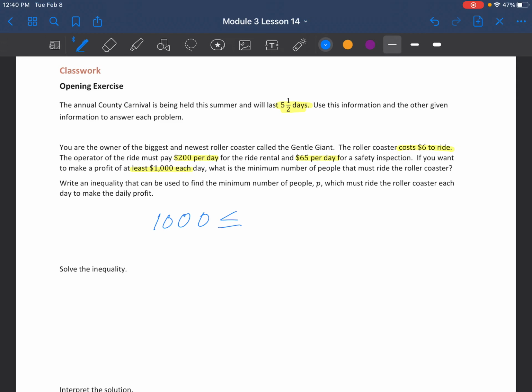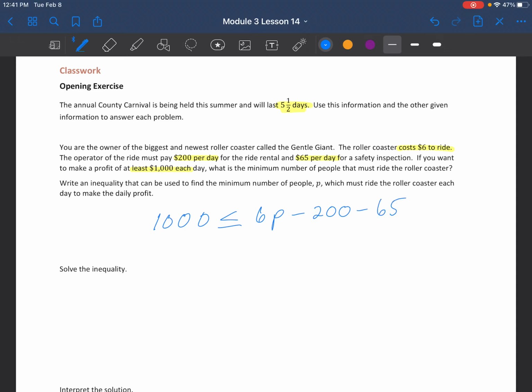So we could say that $1,000 could be less than, because the riders could create more money. So $1,000 would be less than, but it can also be equal to, because they have to at least make $1,000. Then we've got the cost of each ride is $6 per person, so that's our 6P.